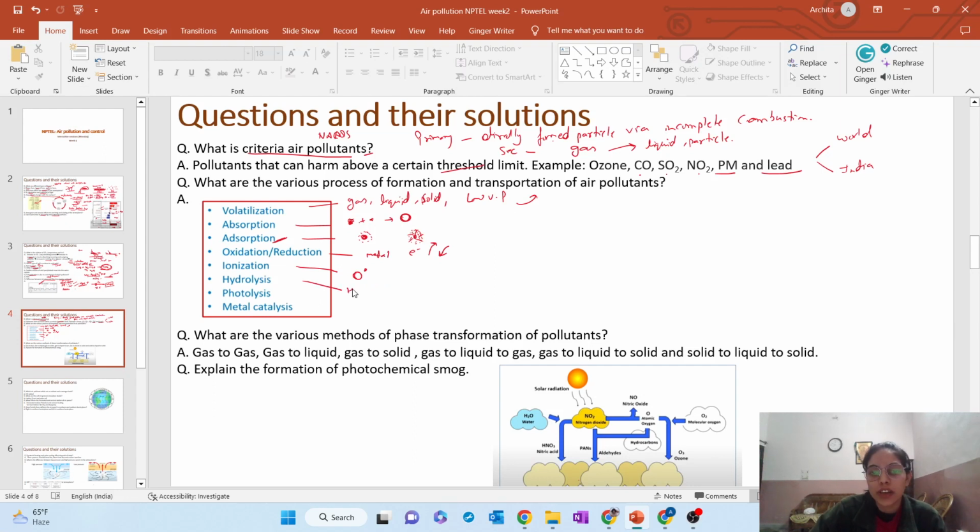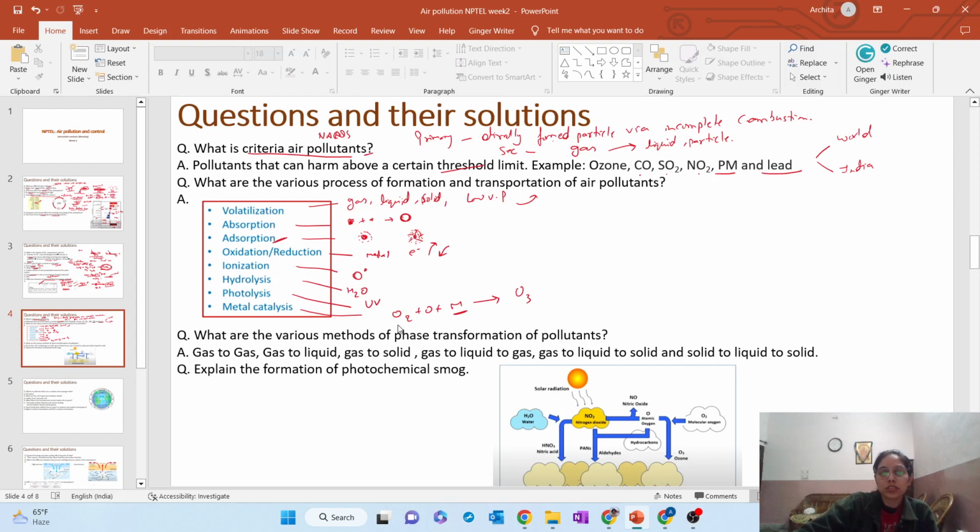Hydrolysis is interaction with water. Photolysis is interaction with sunlight. Metal catalysis is when metals interact with the oxidant and enhance the process. The simplest example is ozone. In the formation of ozone, we always write this M, and this M is nothing but the metal catalysis particle. So I discussed them in brief.